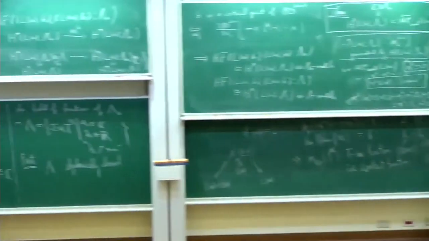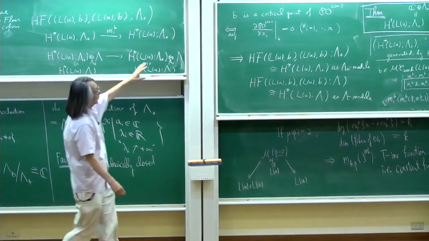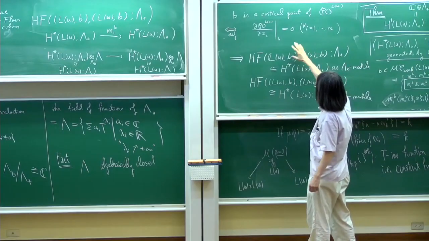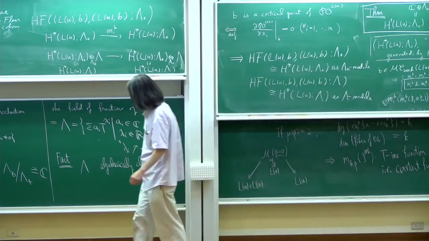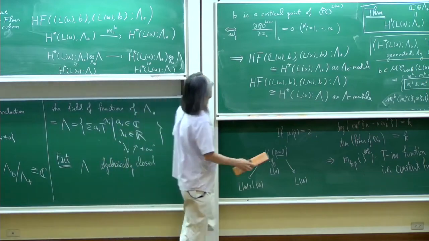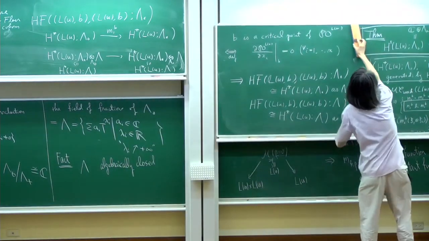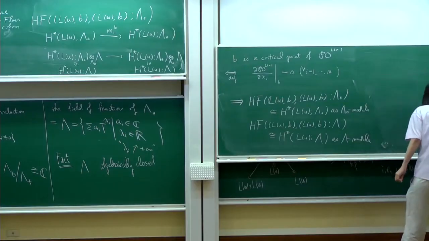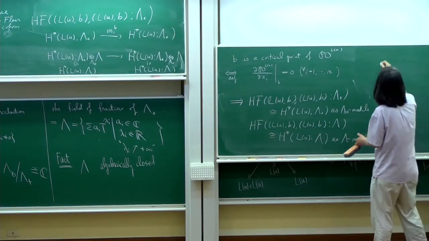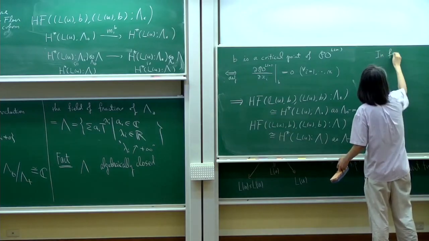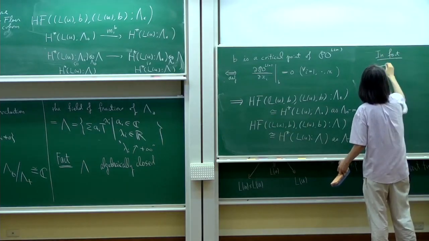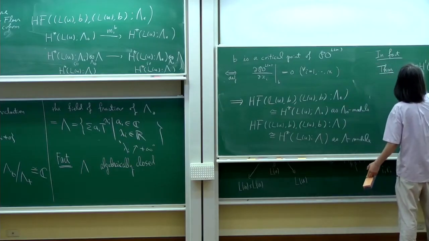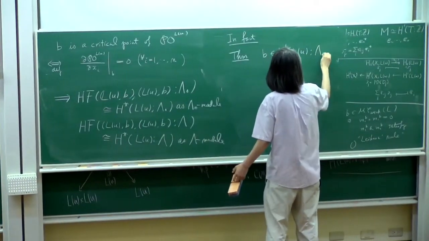And in fact, it is if and only if. So if it is not a critical point, we can also show that the Floer homology is actually trivial. So in fact, B is from H1, where U is lambda 0.